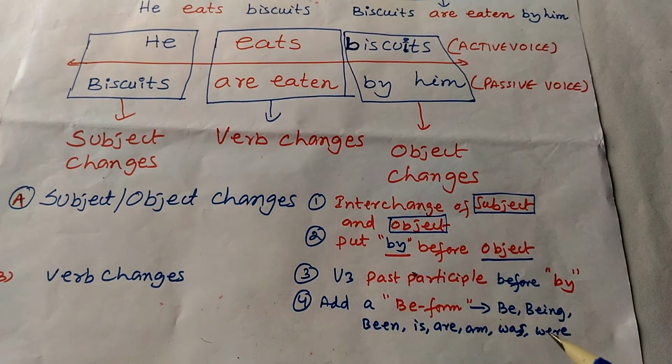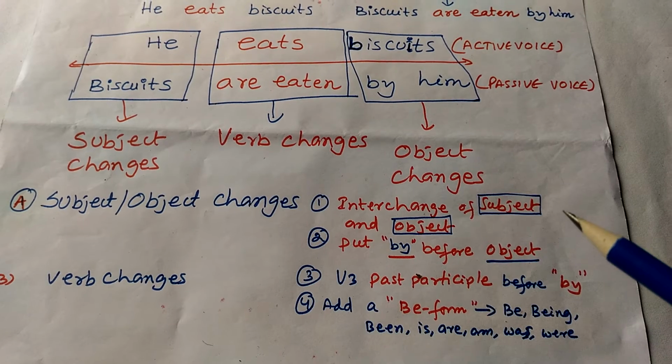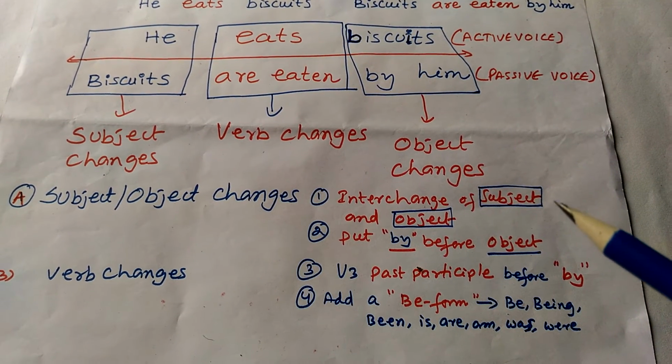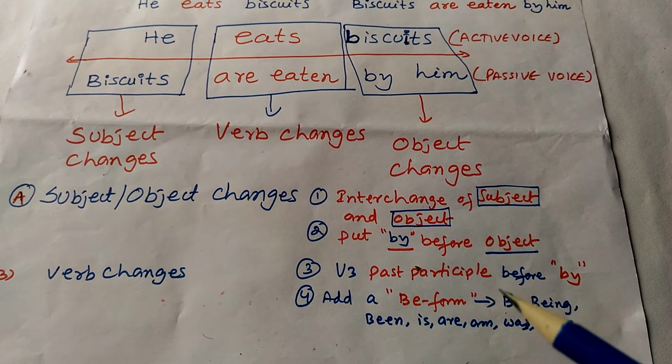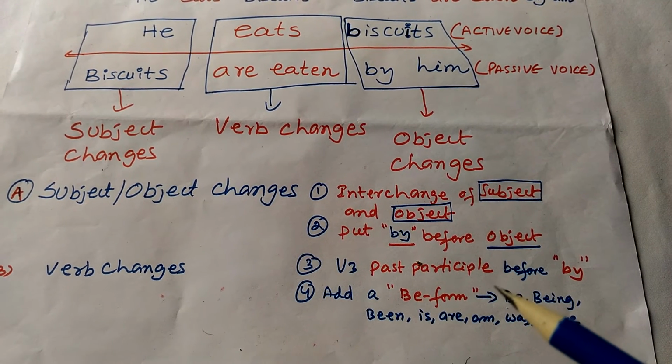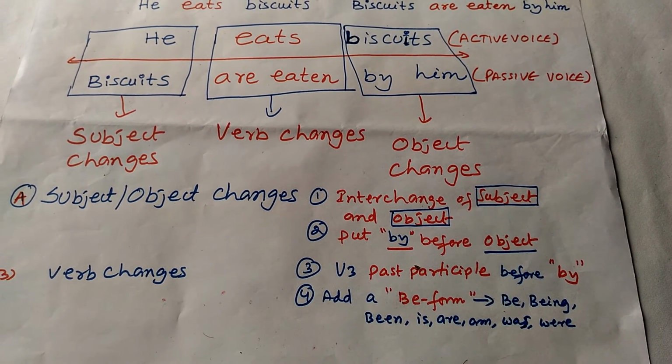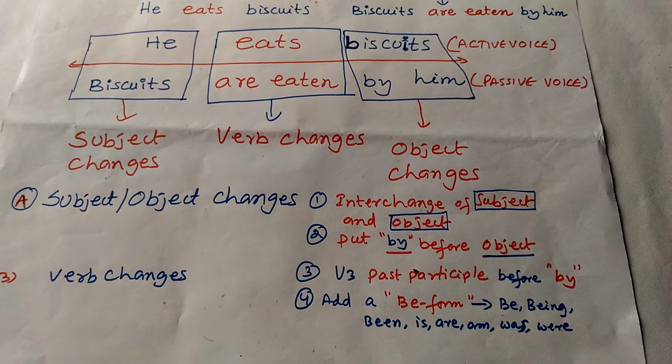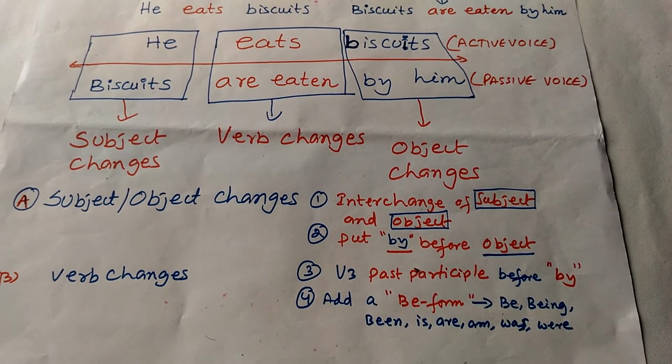So in this way, when we want to change from active voice sentence to passive voice sentence, these four changes are needed. Well, let us see how these rules can be applied in different sentences.